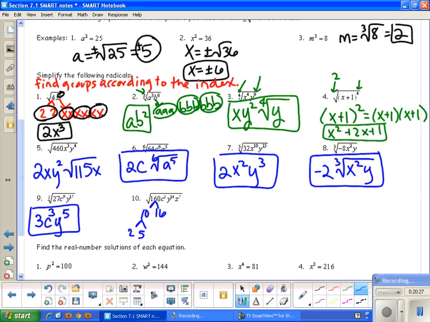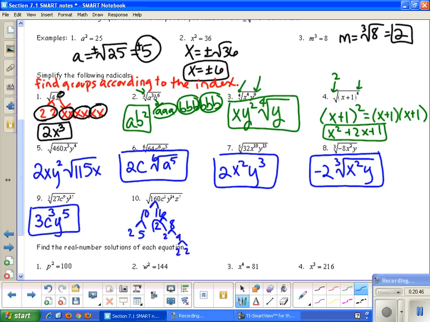And I already know the square root of 16 is 4, so I can put that on the outside, or if I want to, break it down more. So that's 2 times 8, and then 8 breaks down into 2 times 4, and 4 breaks down into 2 times 2.